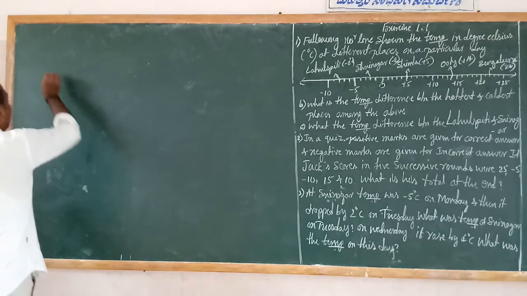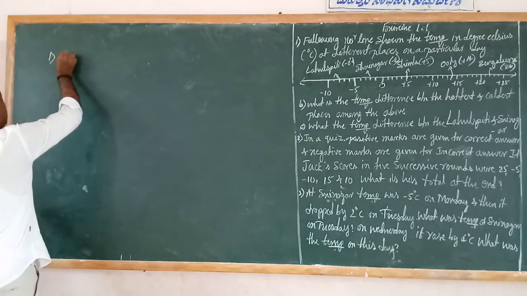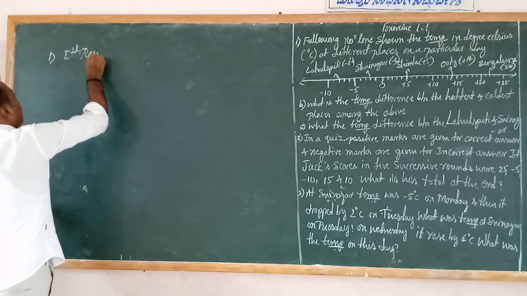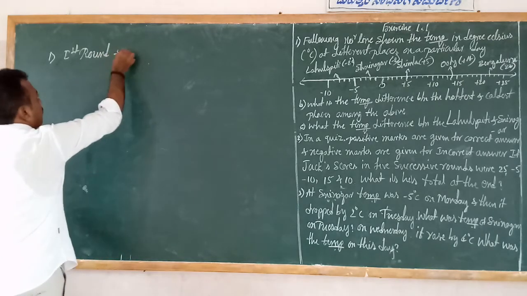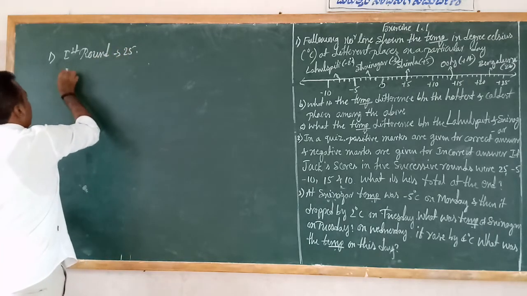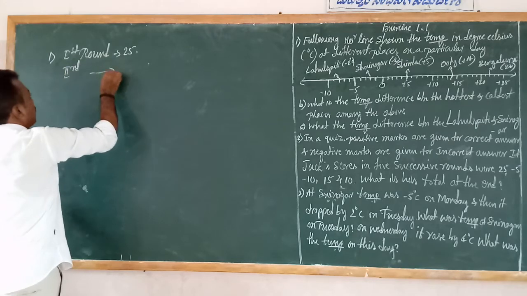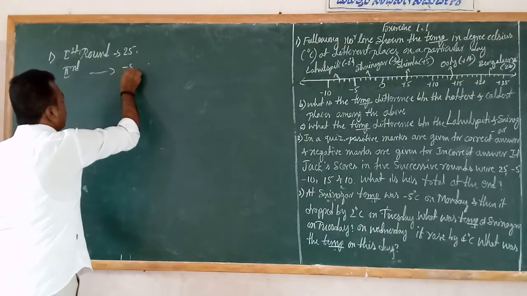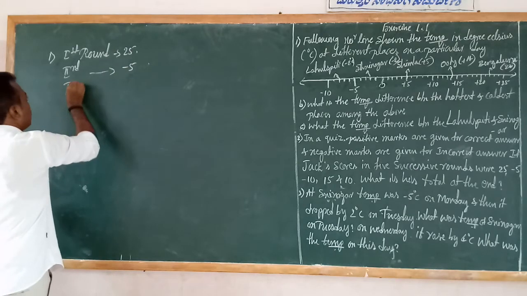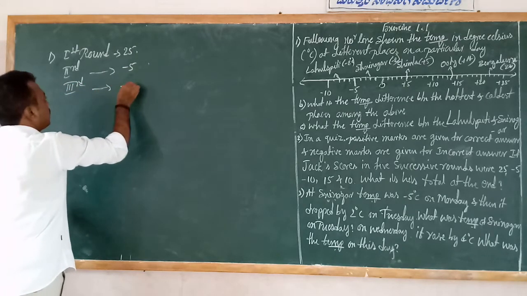So first round, how many marks? 25 marks. Okay, second round, minus 5 marks. Then third round, minus 10.